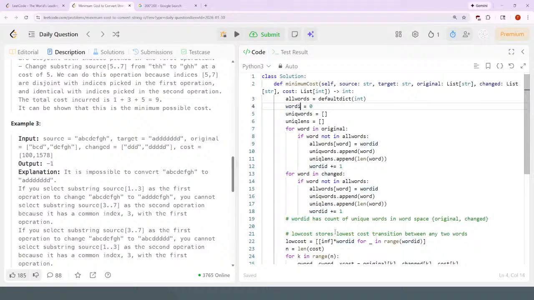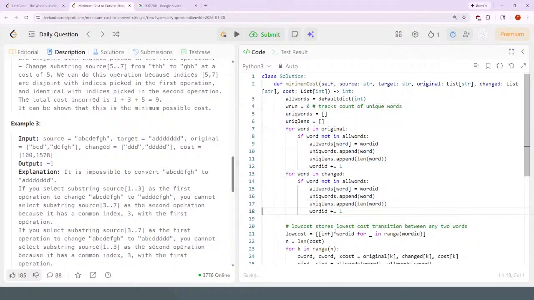I can do this as word num, w num. Increment the w num. I guess word num is probably... Okay. W num.